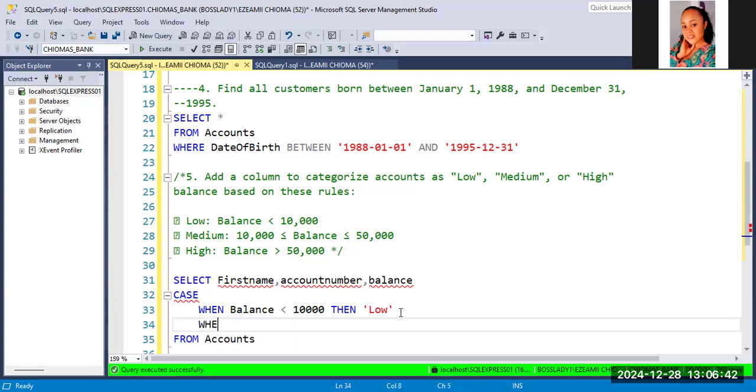Then when the balance is between 10,000 and 50,000, then we'll say the customer is medium.